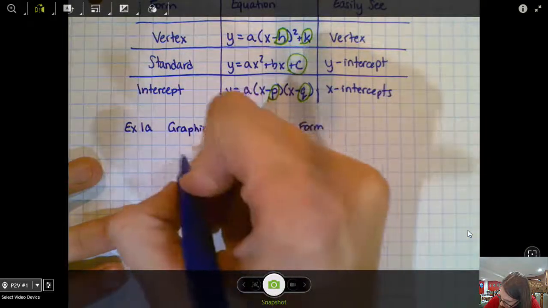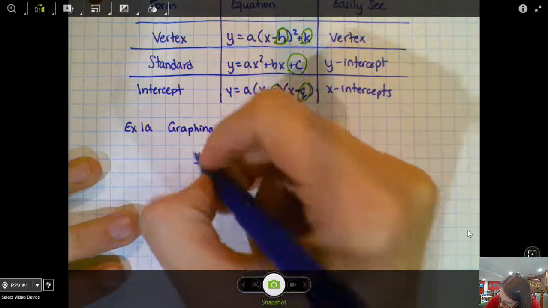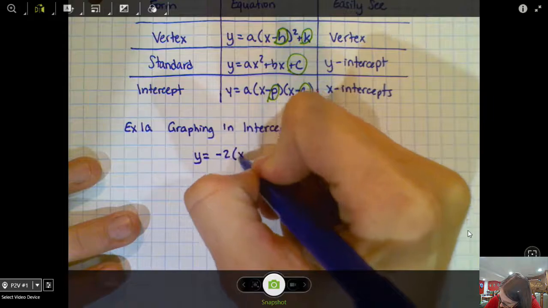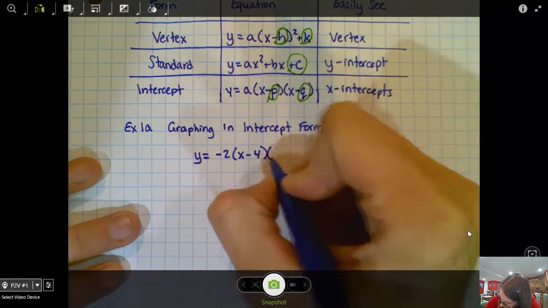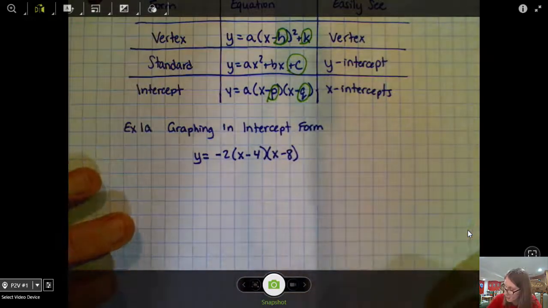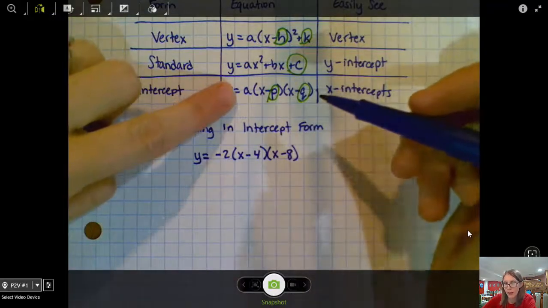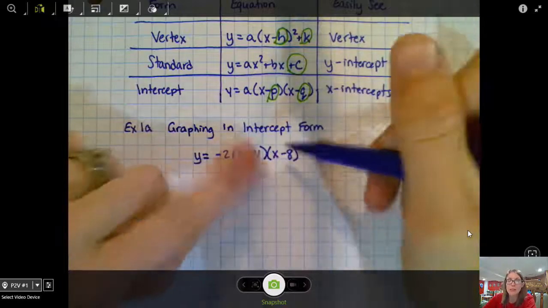We will graph our parabola y equals -2 times x minus 4 times x minus 8. Looking at our chart again, I know that this is intercept form because I have my two sets of parentheses that are multiplied together.